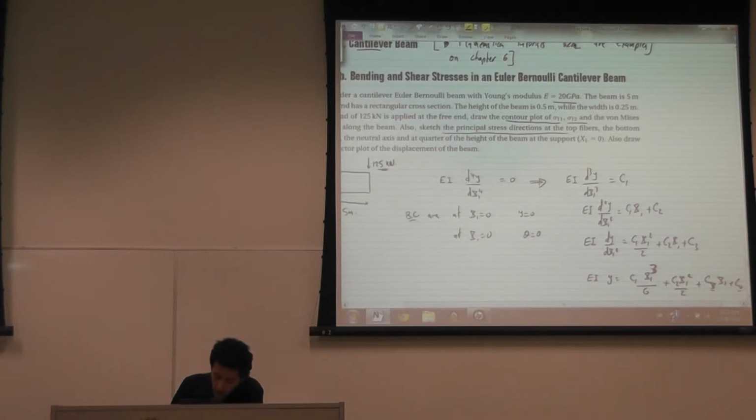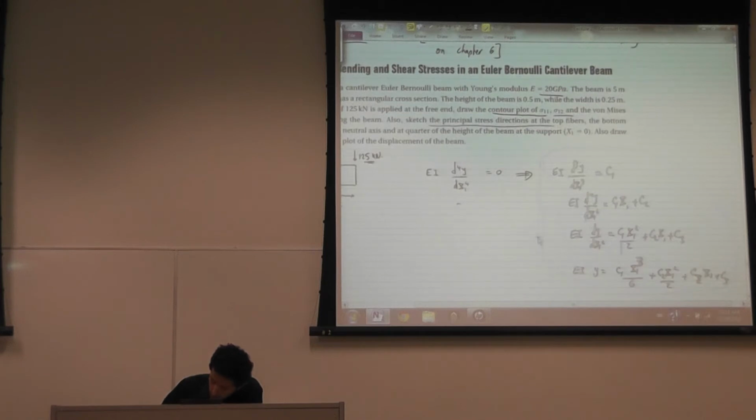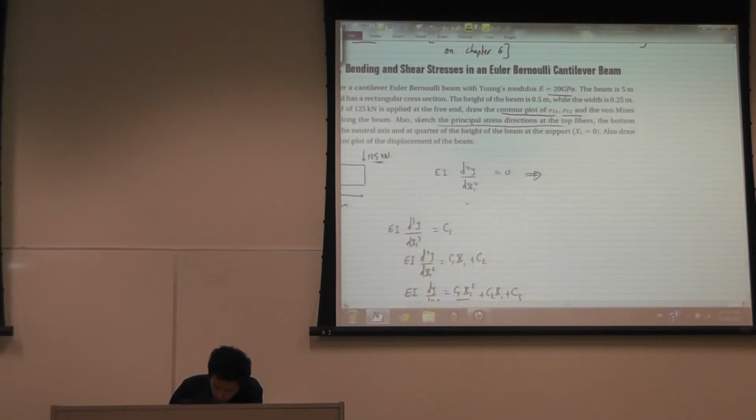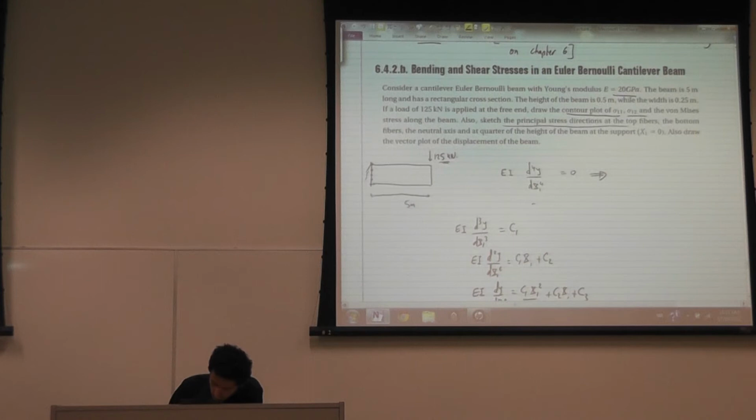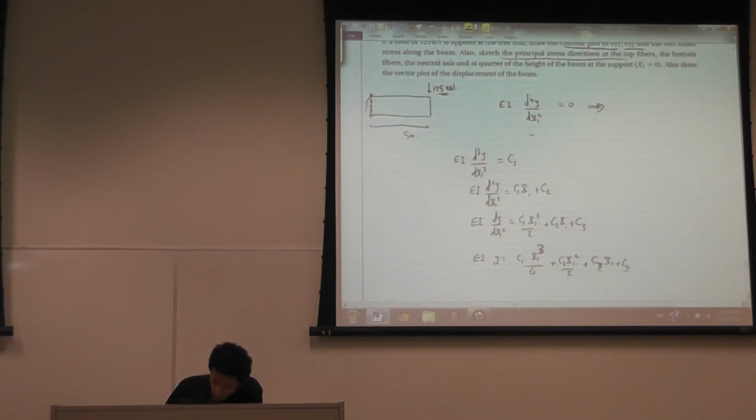The first boundary condition is that at x equals 0, I have the displacement is 0, which will tell me that C4 equals 0, because when I put 0 for x1, I get C4 is 0.